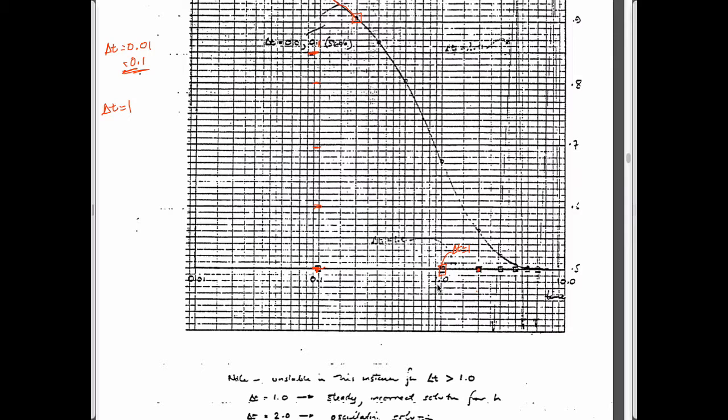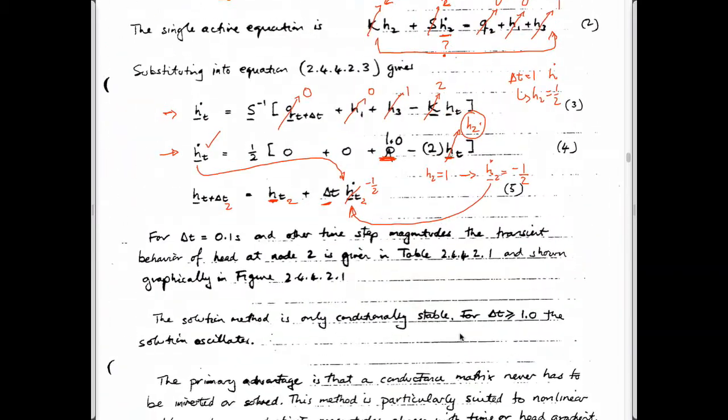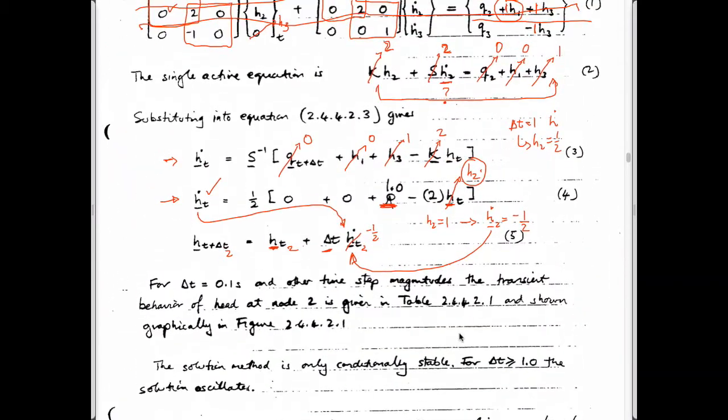And if you use a number bigger than this, which I think is what this is, I'm guessing that this value here is 0.2, so you perhaps can't see this. But let's try. What happens if we then use a value of time step which is equal to 2? So if we use delta t equals 2, then we end up with 2 times minus a half, which is minus 1.